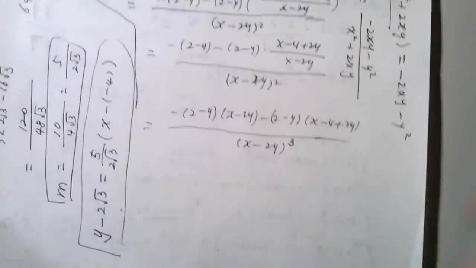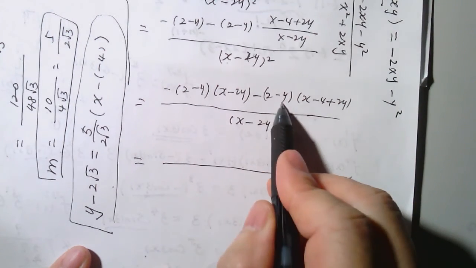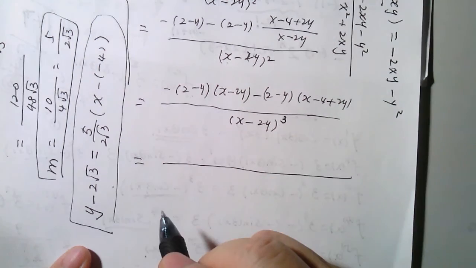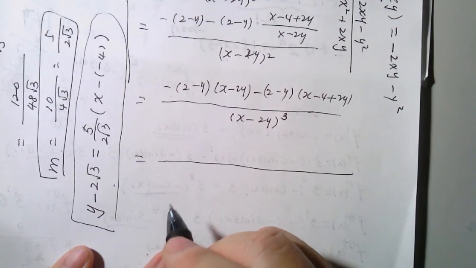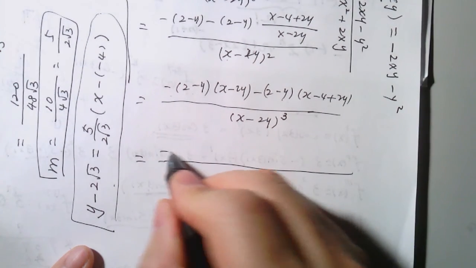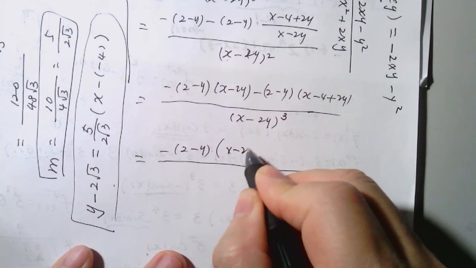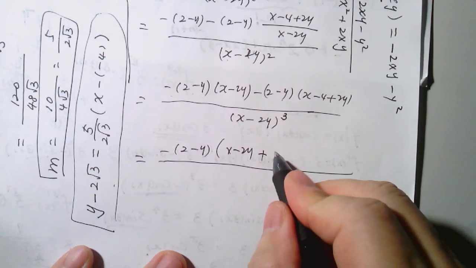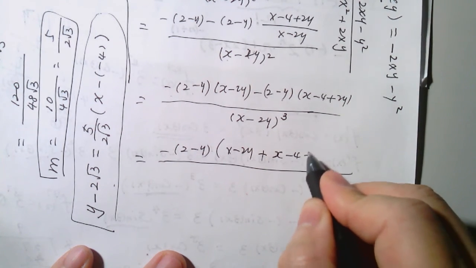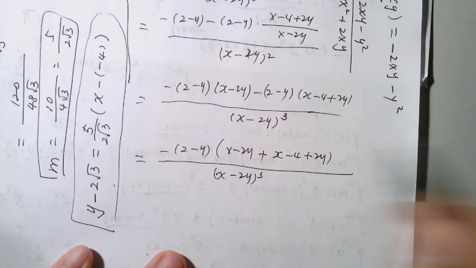Now all you need to do next is, since you have the common factor 2 minus y, you factor out negative (2 minus y). You get (x minus 2y) plus (x minus 4 plus 2y), divided by (x minus 2y) to the third.